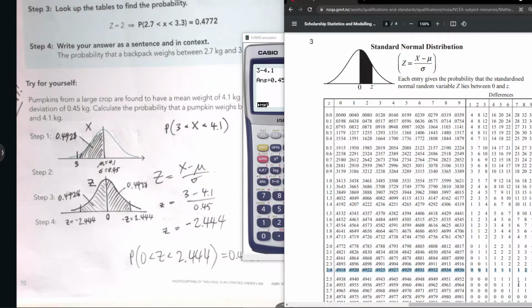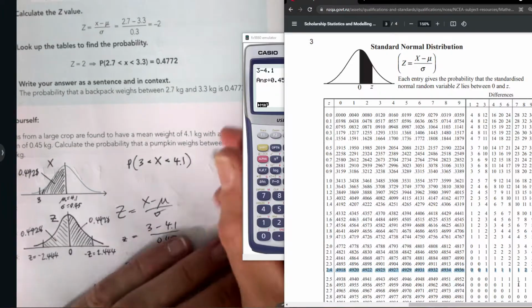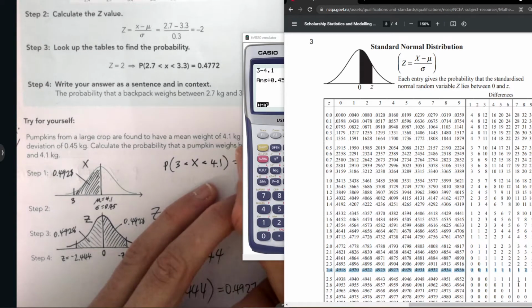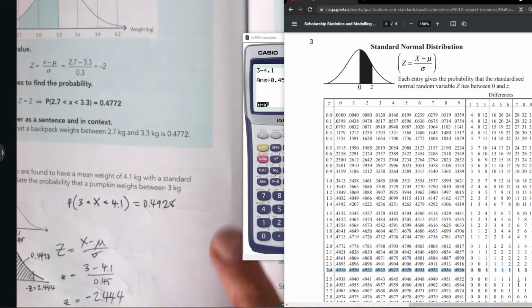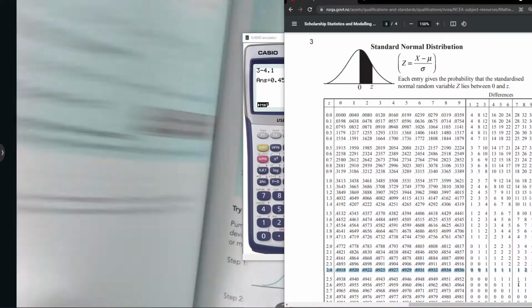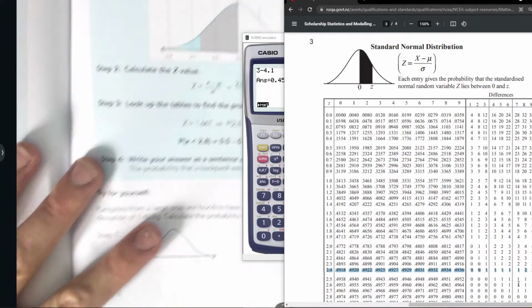Nice? Fantastic. So the probability that a pumpkin weighs between 3 and 4.1 is 0.4928. Okay, let's move on. We'll try and get page 71 done, and then I guess we'll do another video after that.